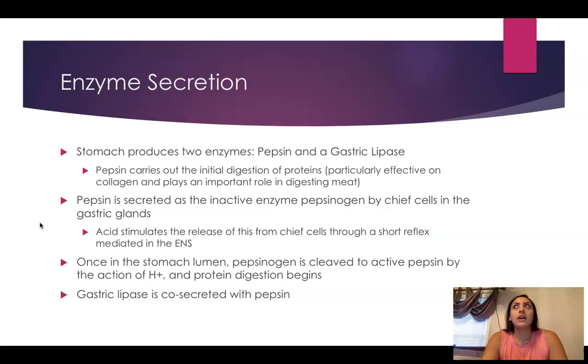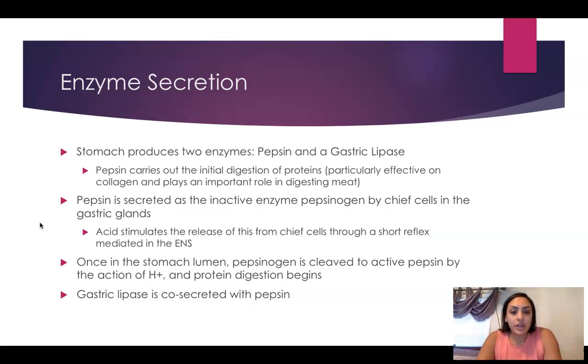So think of pepsin like the main protein breaker-downer. It plays an important role in digesting meat, which is a large protein.